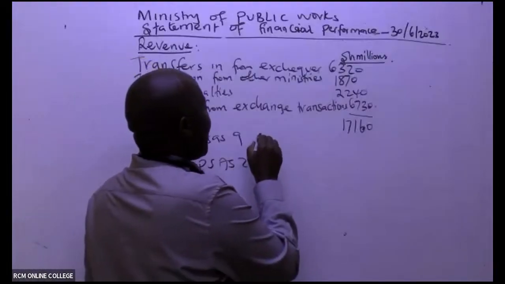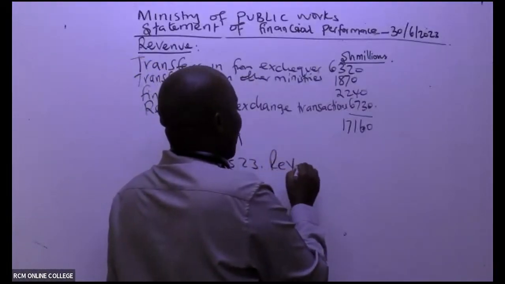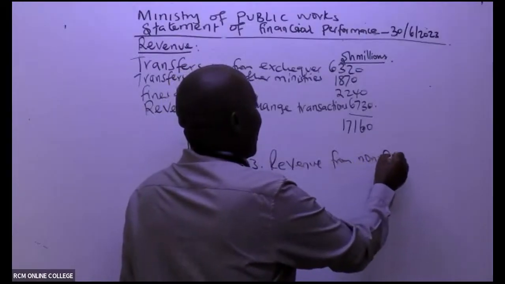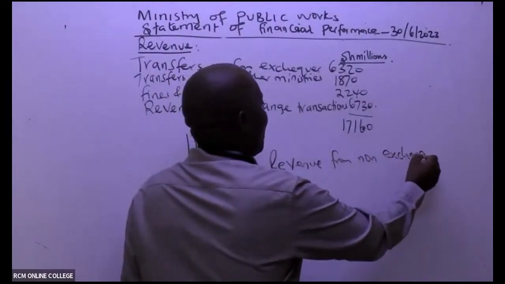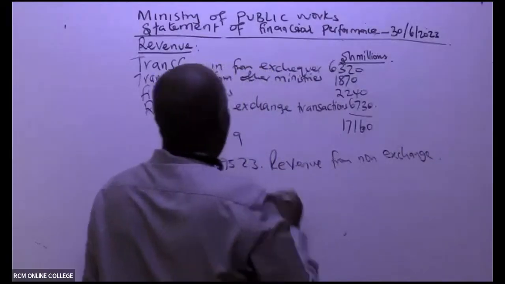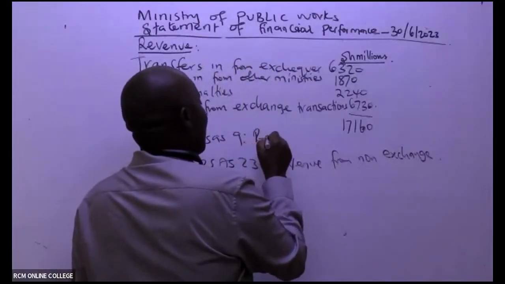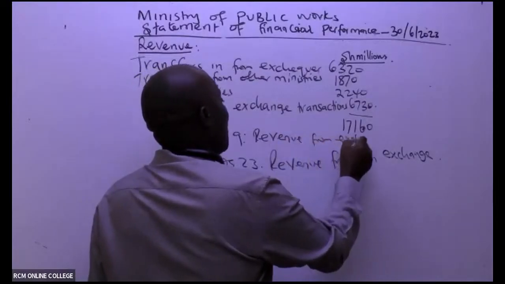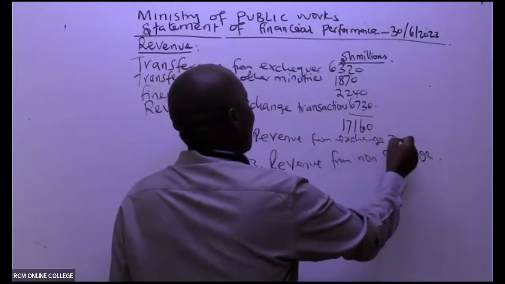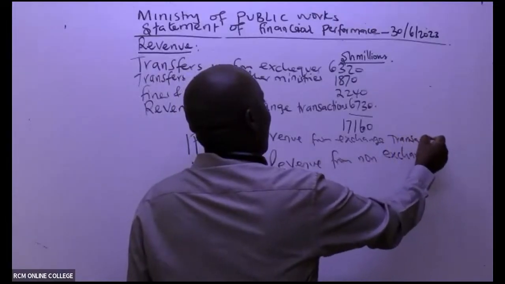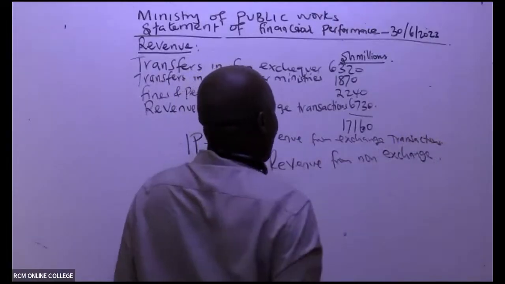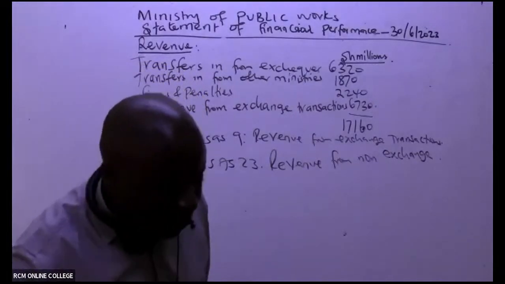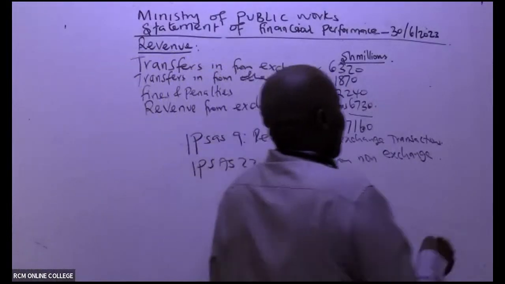IPSAS 23 is revenue from non-exchange transactions, and IPSAS 9 is revenue from exchange transactions.